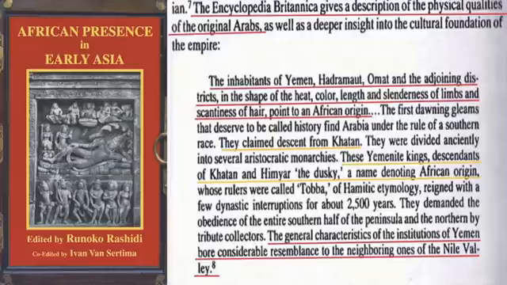These Yemenite kings, descendants of Joktan and Himyar the Dusky, a name denoting African origin. The general characteristics of the institutions of Yemen bore considerable resemblance to the neighboring ones of the Nile Valley. So basically, they're saying that these people who descend from the legendary Joktan, they seemingly have an African origin, and they look like people of the Nile Valley.